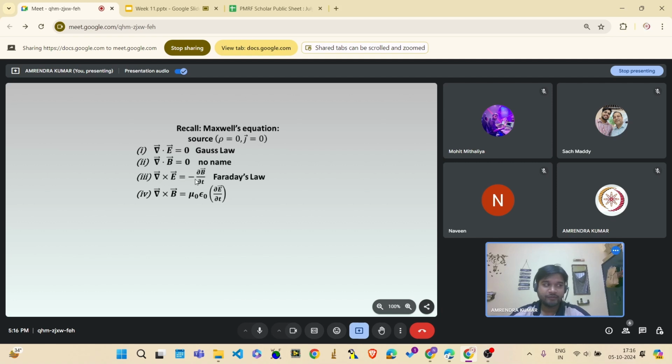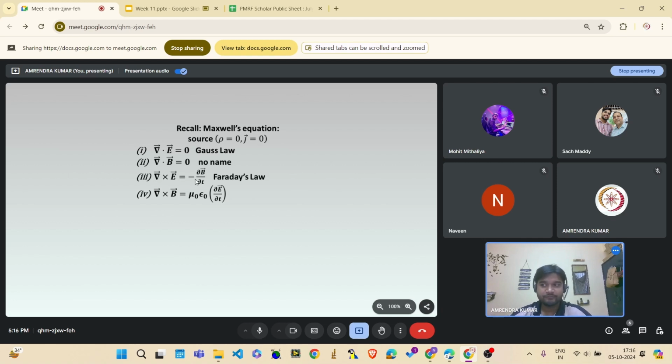There is no such dependence as x square minus c square t square or something. There is none of this kind of dependence. So it linearly depends on x and the difference.